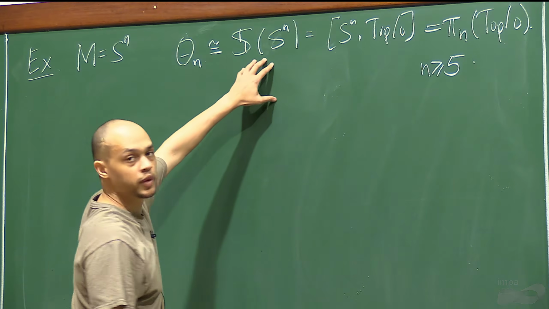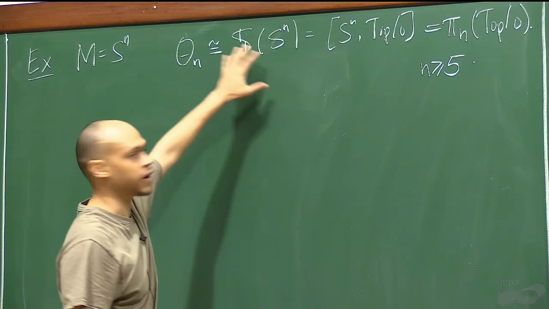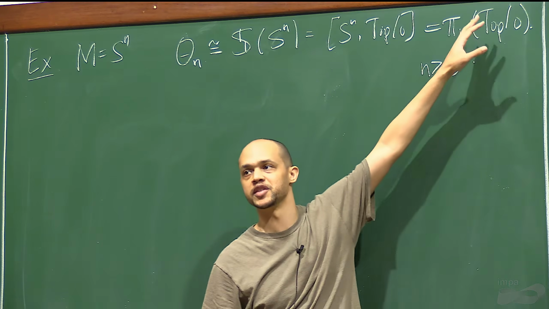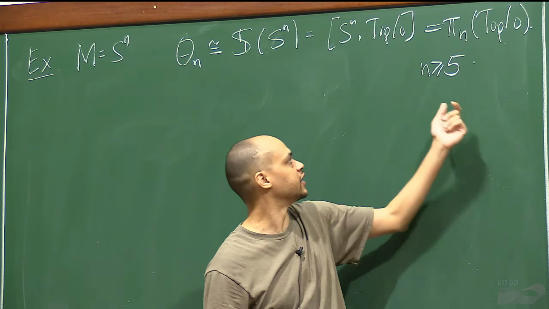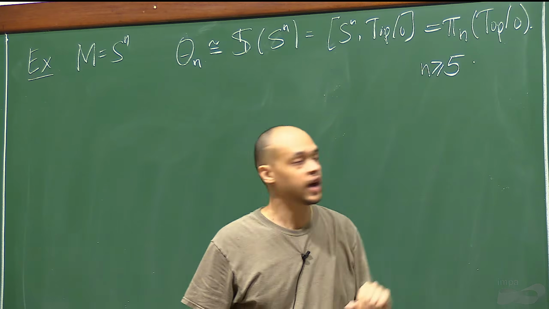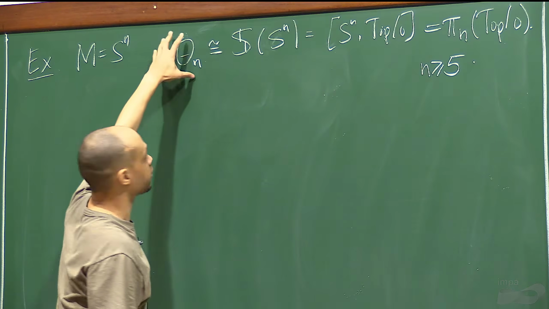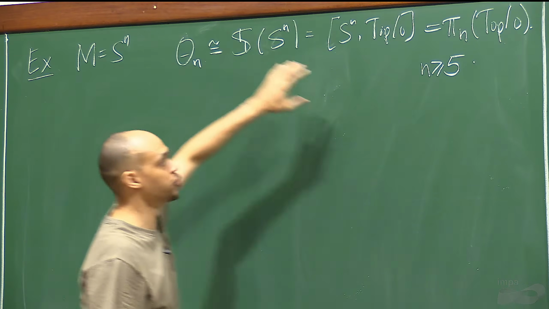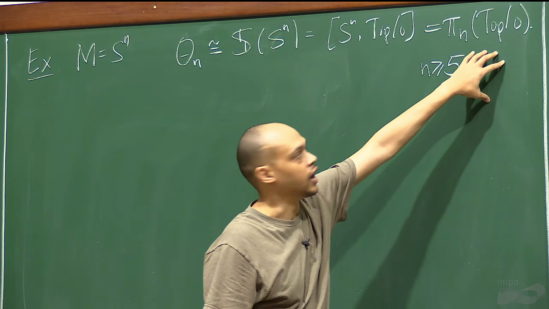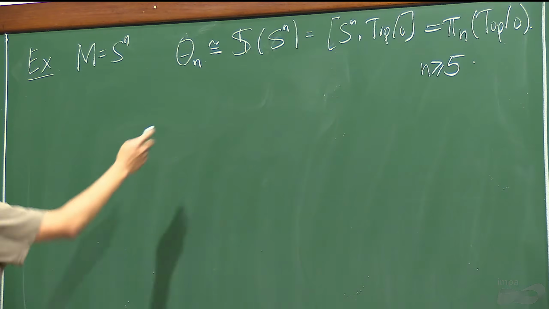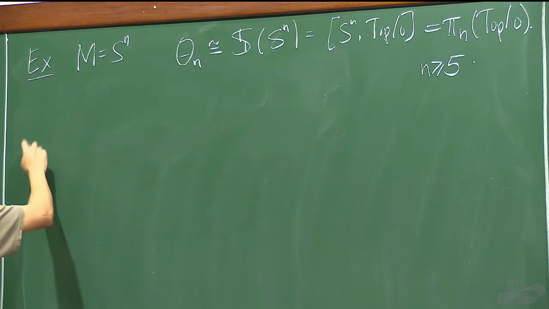This doesn't really help us understand the smoothing so much, because we sort of already have that over here. But it does give us a little bit of information about this mystery space top mod O. At least it tells us the homotopy groups in dimension at least 5. In particular, Kervaire and Milnor show theta n is a finite group, and so these are finite. In fact, in low degrees the homotopy groups are also finite.